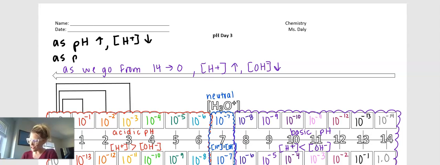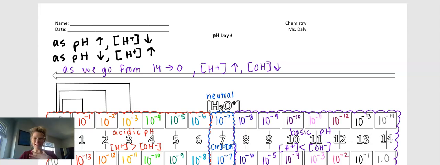As pH decreases, as it gets closer to 0, the concentration of H plus increases. So as long as you can remember that as one is increasing, the other is decreasing, you're going to be good to go.